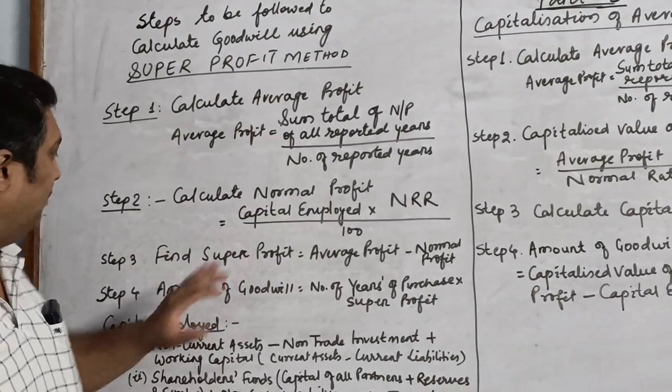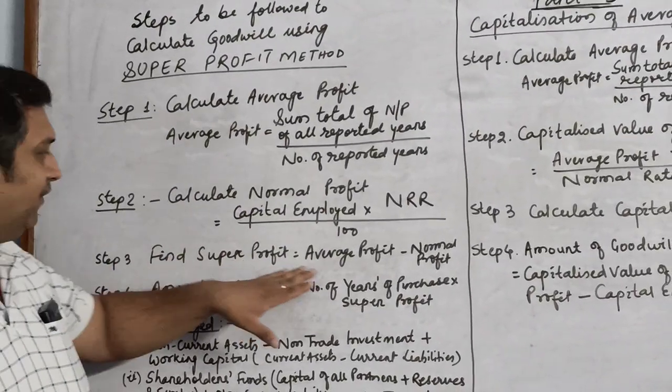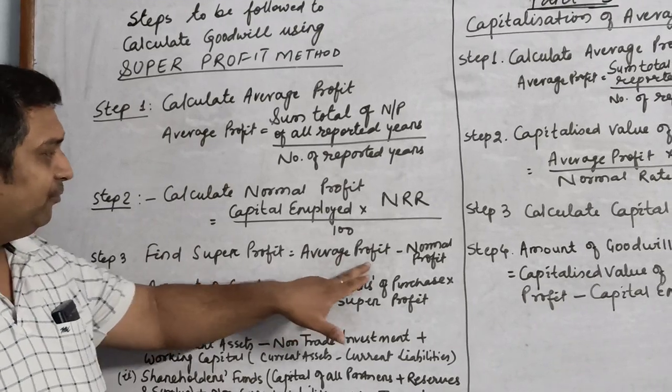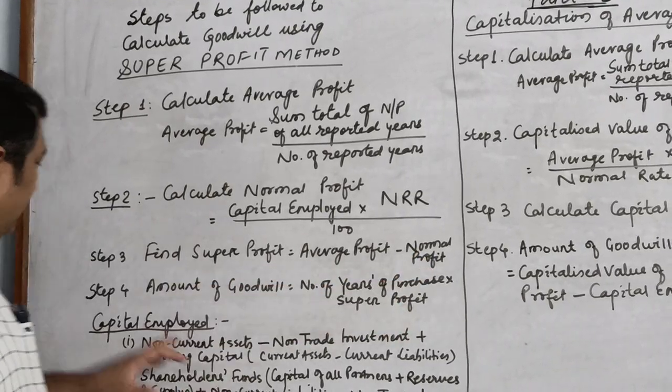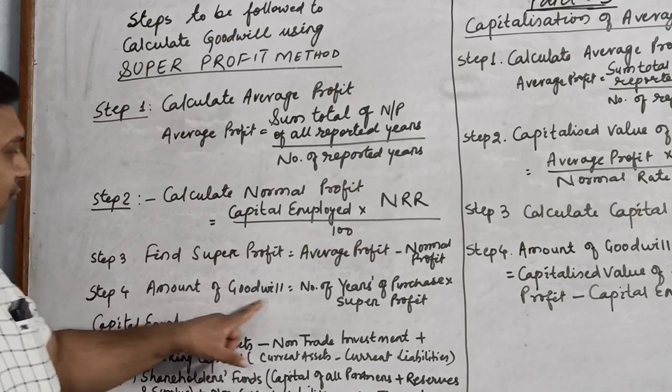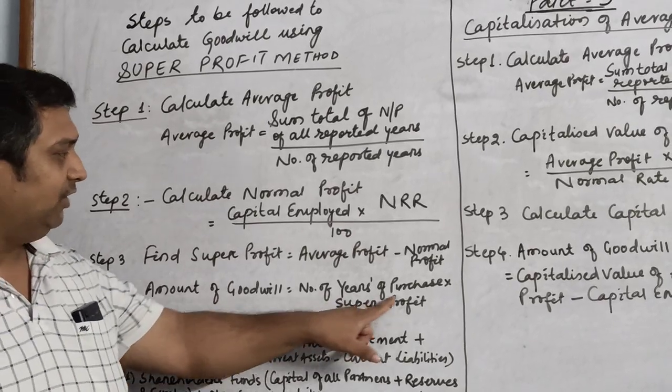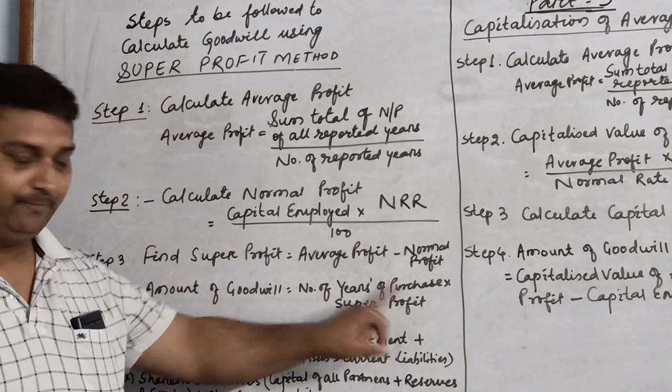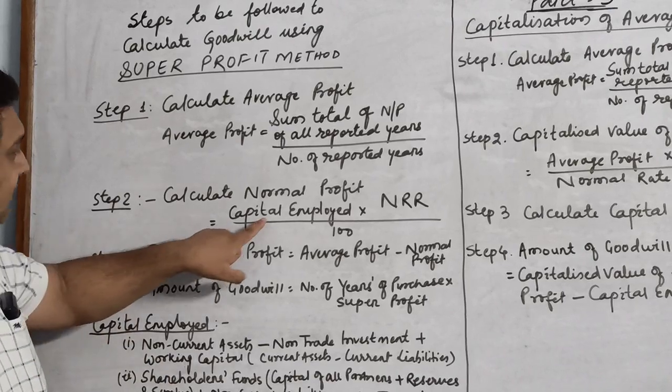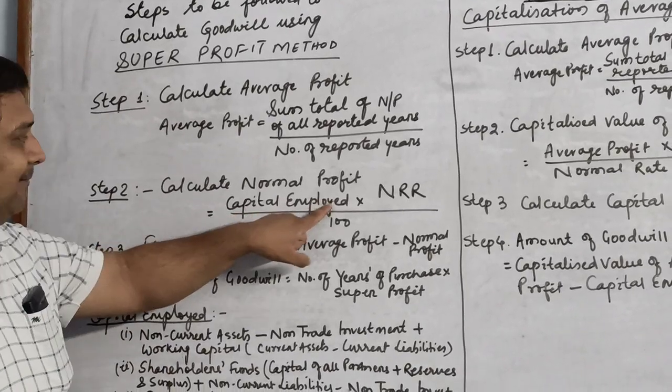After calculating the normal profit, we will find the super profit using the formula average profit minus normal profit. And the fourth step is: the amount of goodwill is equal to number of years of purchase into super profit.